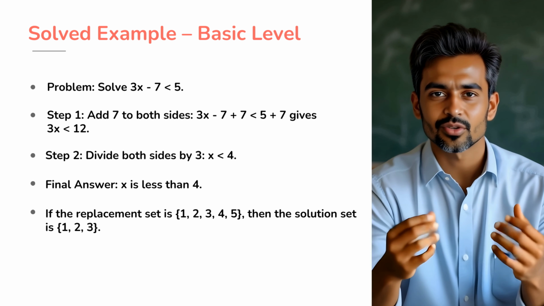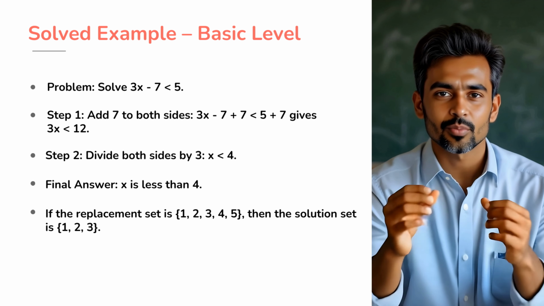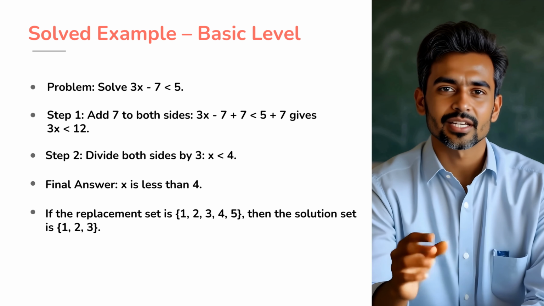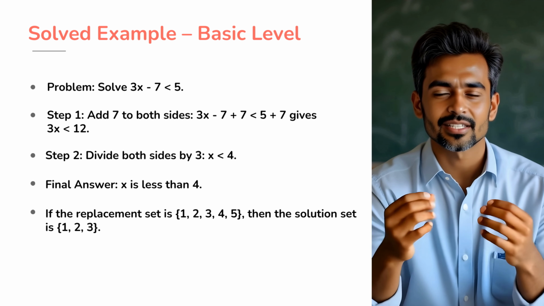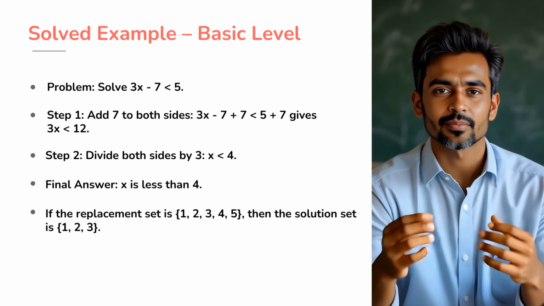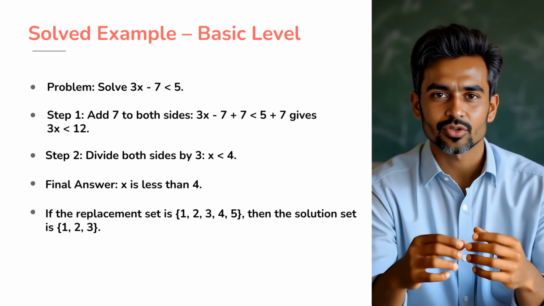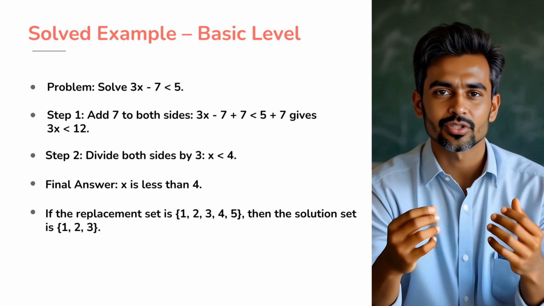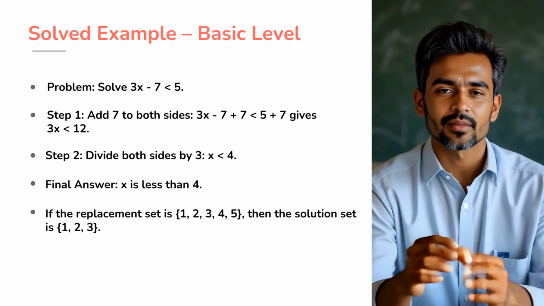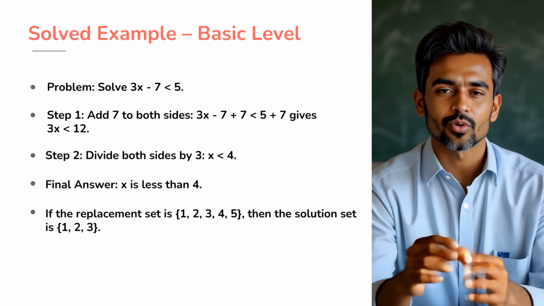Now, suppose the replacement set is {1, 2, 3, 4, 5}. Which of these values satisfy x < 4? Answer: 1, 2, 3. So the solution set is {1, 2, 3}. Visualizing this on a number line can help. Just shade all values less than 4 without including 4.